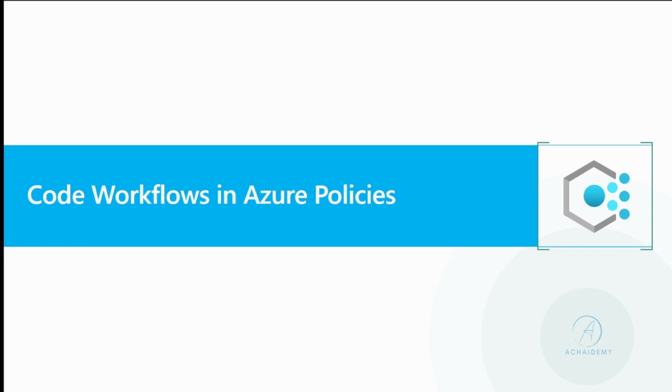We will see a detailed demo and hands-on session on the same in the future sections. So, code workflows in Azure Policies play a key role when you're working on large-scale infrastructure and ensuring compliance across the subscriptions.